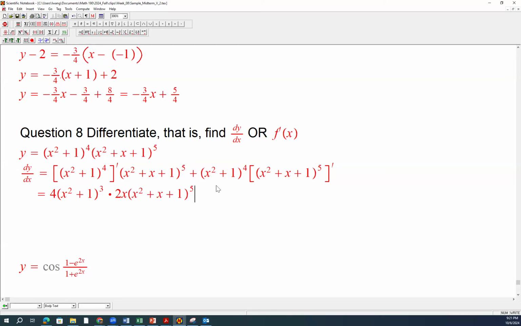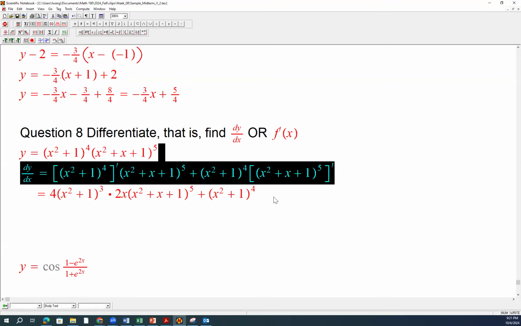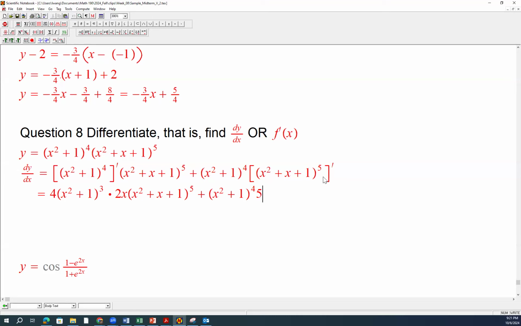Plus, we keep this part and we differentiate the other part. So it's chain rule again. 5 times, this will be to the power of 5 minus 1, which is 4. And you also have to differentiate the inside. That will give us 2x plus 1.